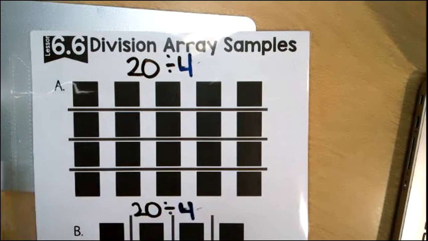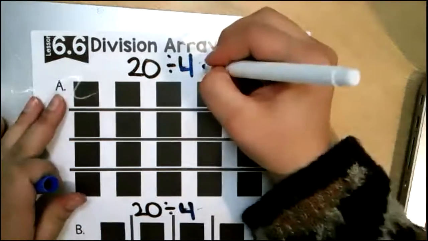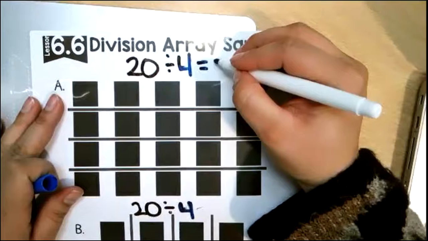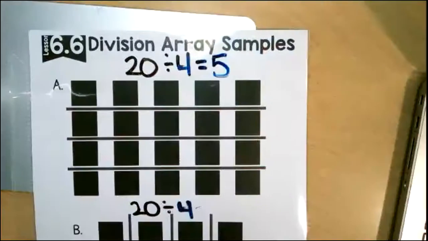Remember, rows are horizontal. So I know that 20 squares divided into 4 rows gives me what? How many squares are in each row? 5, right? So I know that 20 divided by 4 is 5.